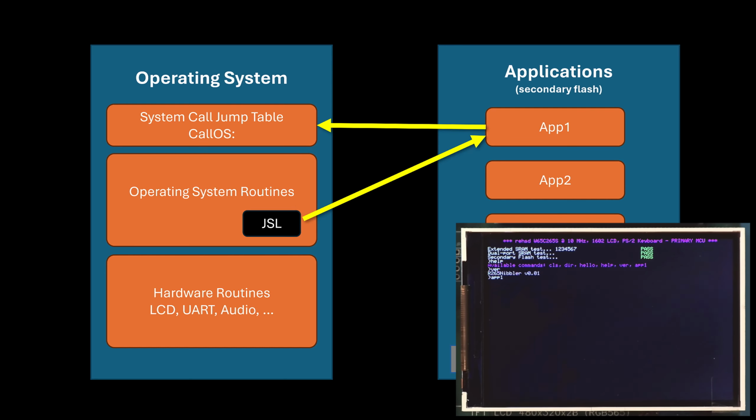But that just comes down to me figuring out what I want that standard to be, and then creating a document really for myself so I don't forget what that standard was. But then from that jump table, I can get into all the operating system routines and hardware routines. So this will give that app1 access to my OS, to the hardware abstraction functionality.